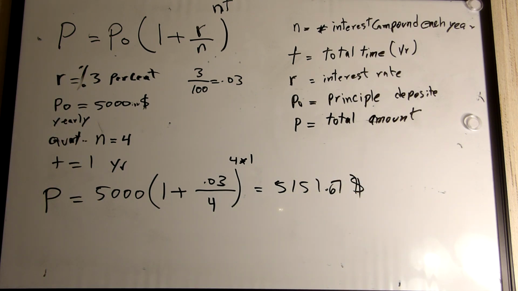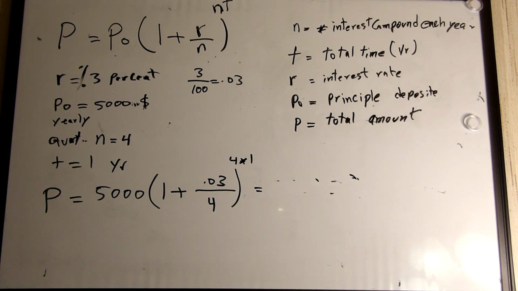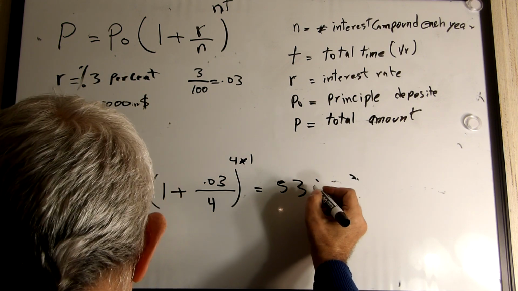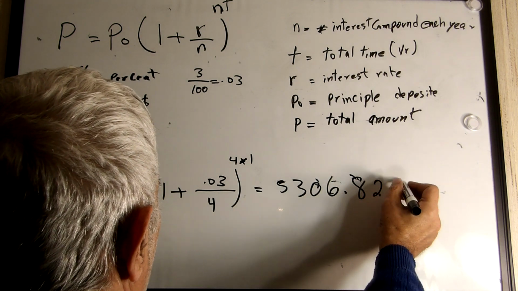So what you're gonna do is check it with a calculator. It's gonna be $5,106.82.